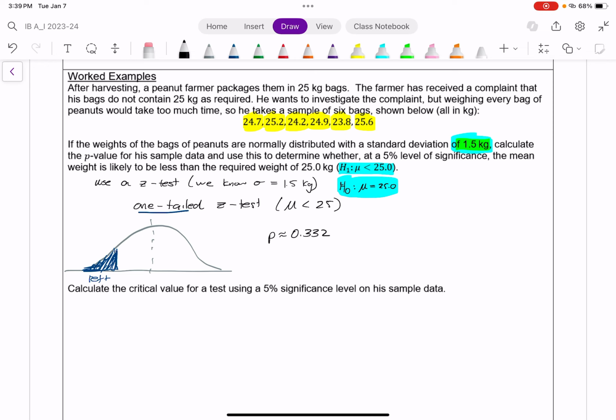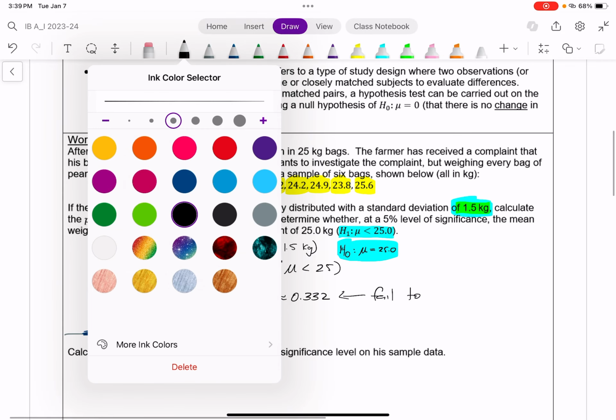This is above the significance level, so we should fail to reject H naught. Remember again, we're not saying that H naught has to be true. We don't have enough evidence to say that it's not.